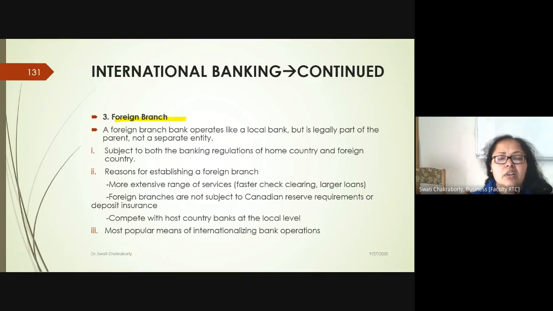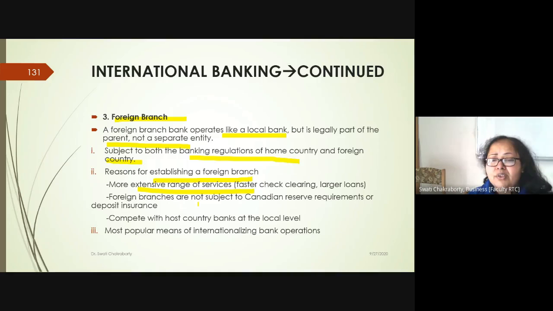Foreign branch. The foreign branch bank operates like a local bank, but it is legally part of the parent, not a separate entity. So it is subject to both the banking regulations of the home country as well as the foreign country, right? So what's the reason for establishing a foreign branch? It provides a more extensive range of services, faster check clearing, larger loans.